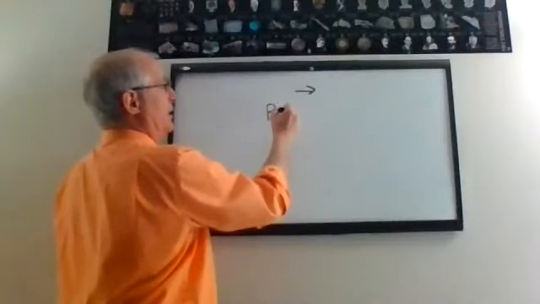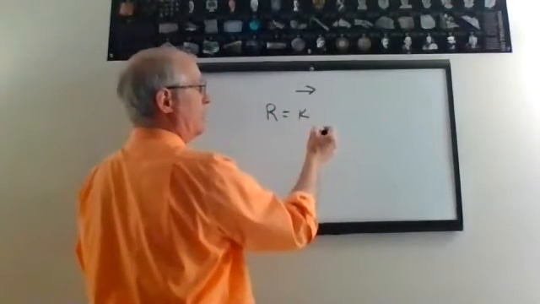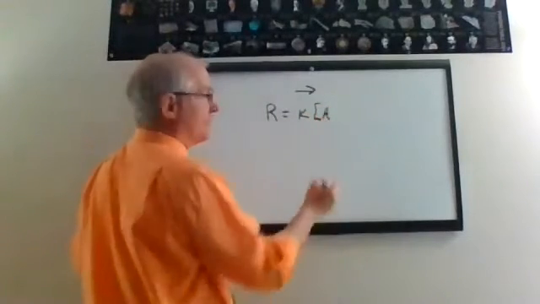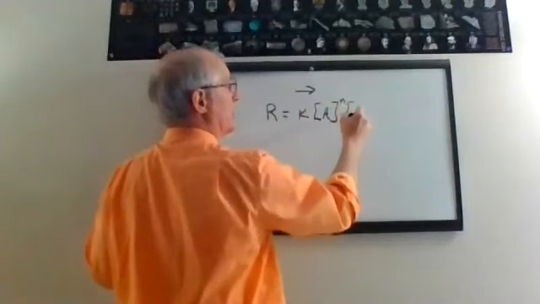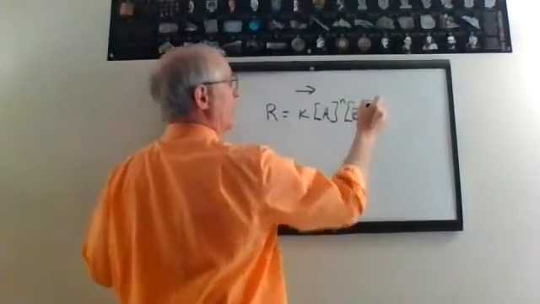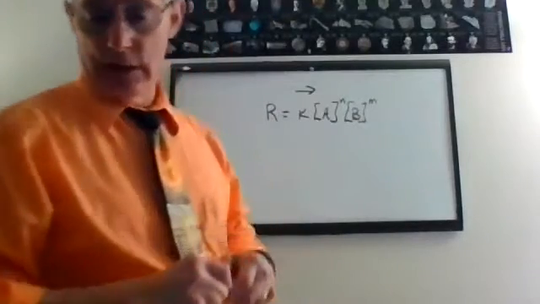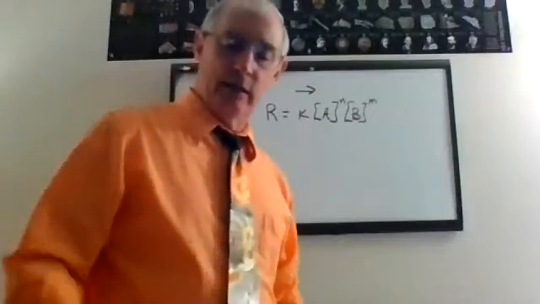And so the reaction rate was equal to a rate constant times the concentration of reactant A to the nth power times the concentration of reactant B to the nth power. And that was the rate law equation. And this time we're going to go ahead and expand it.